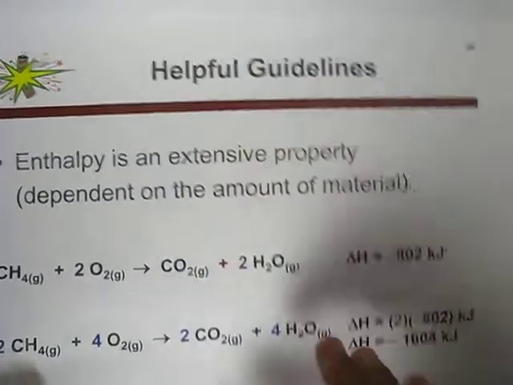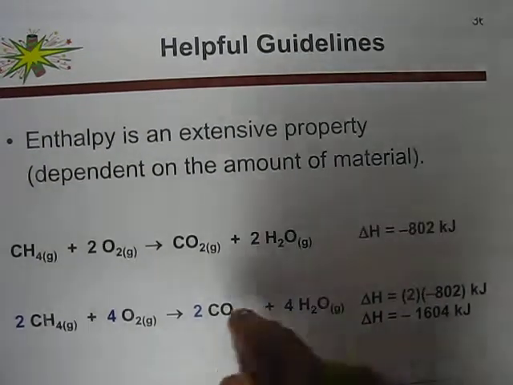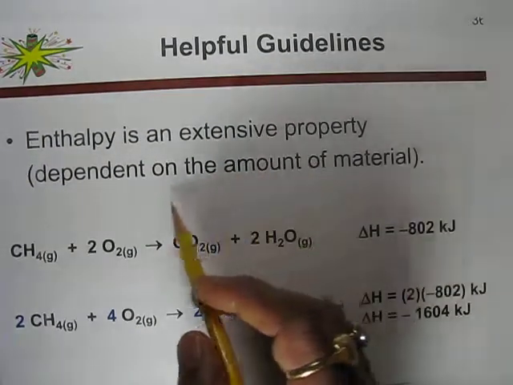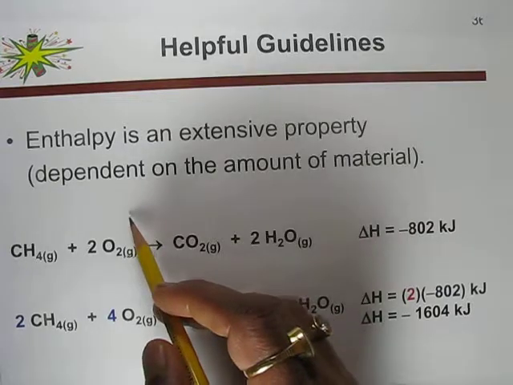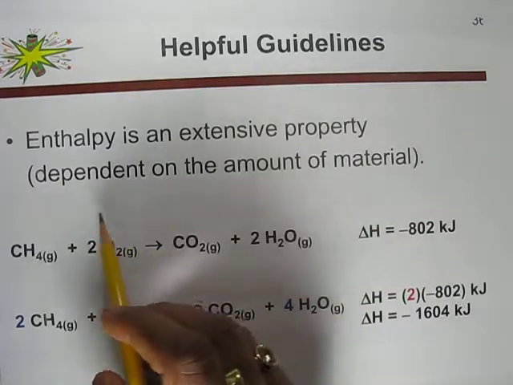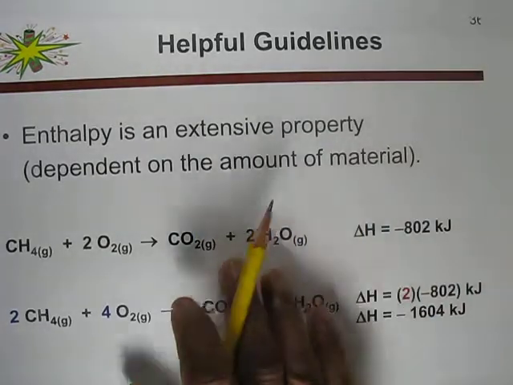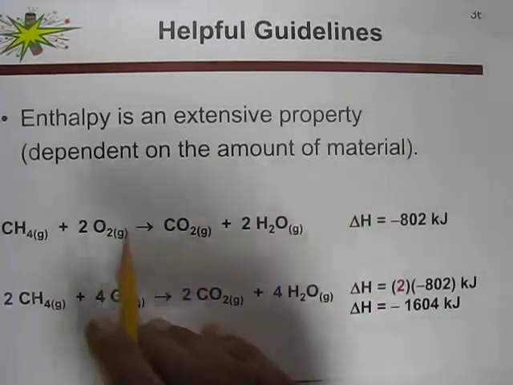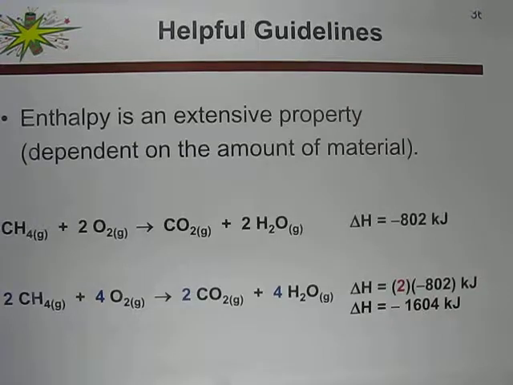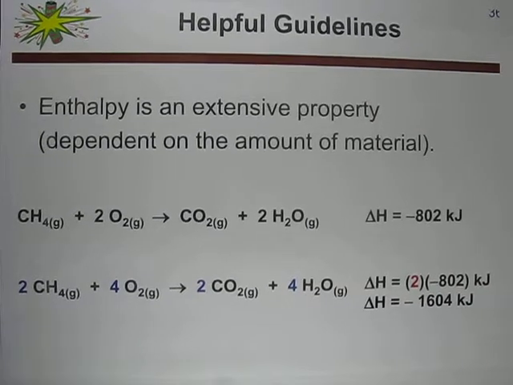Next is a helpful guideline about enthalpy. Enthalpy is an extensive property, which we have studied in our previous videos and slides, that depends on the amount of material. Let's take an example of this methane gas burning.